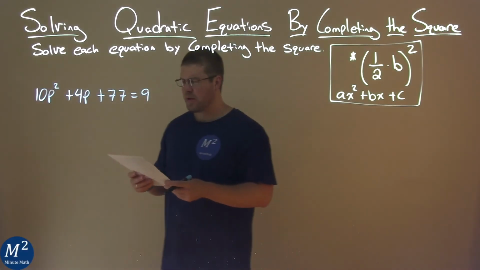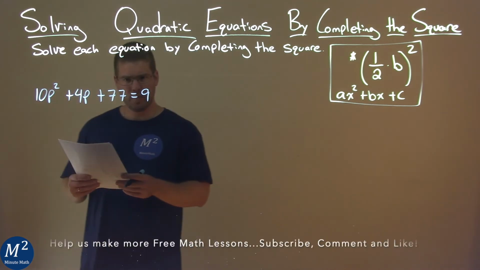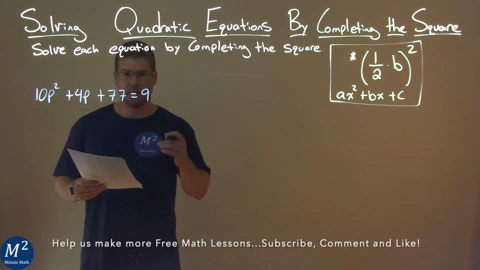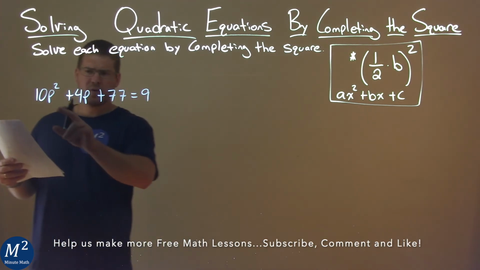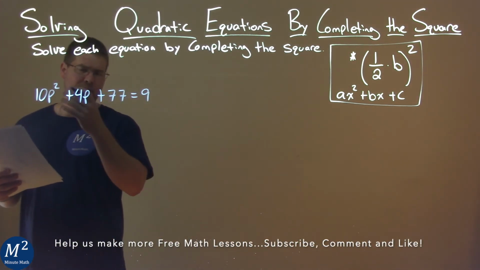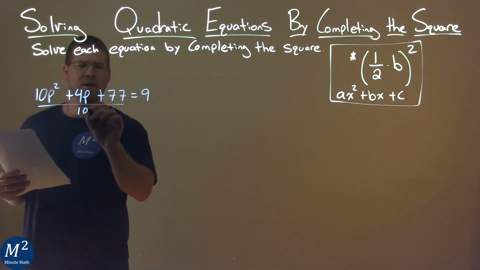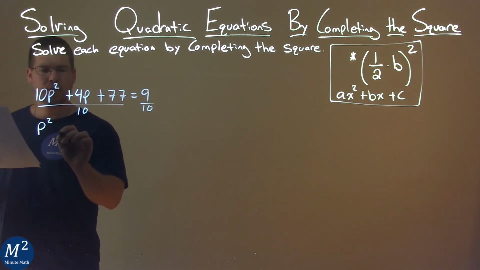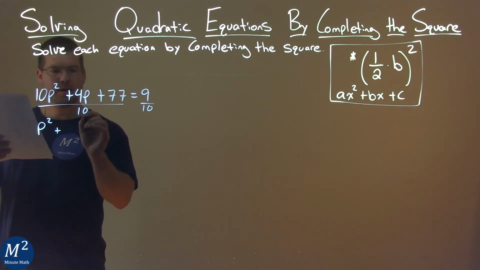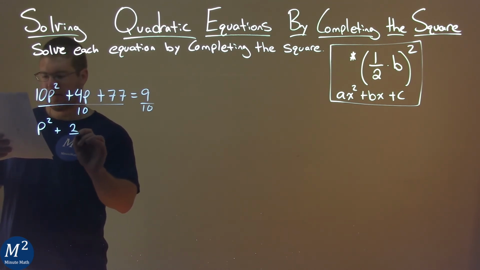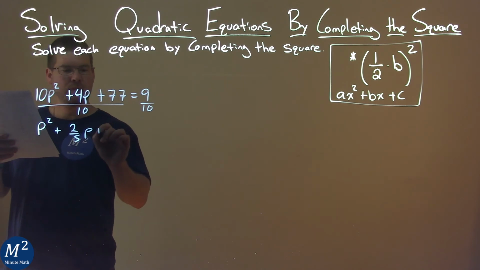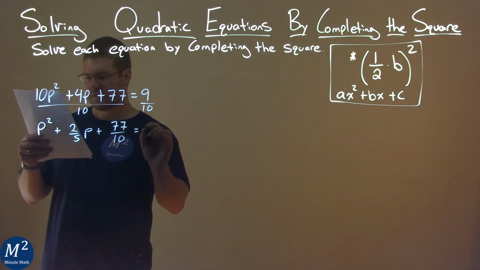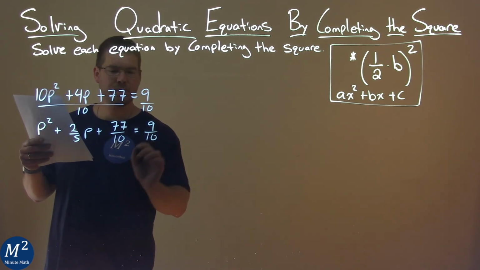We're given this problem right here, 10p squared plus 4p plus 77 equals 9, and we need to solve this by completing the square. My coefficient is 10 for the a value, so I'm going to divide both sides of this equation by 10. And I get p squared plus, well, 4p divided by 10 is 2/5 p plus 77 over 10 equals 9/10.